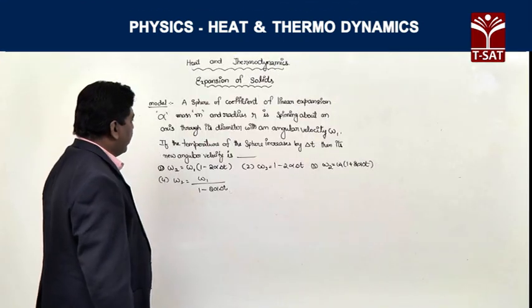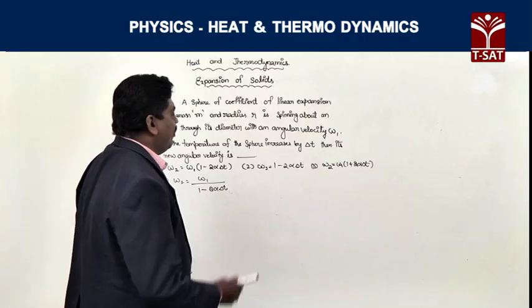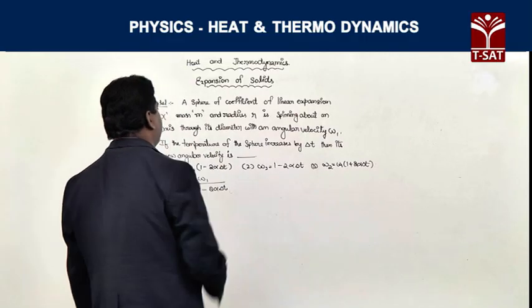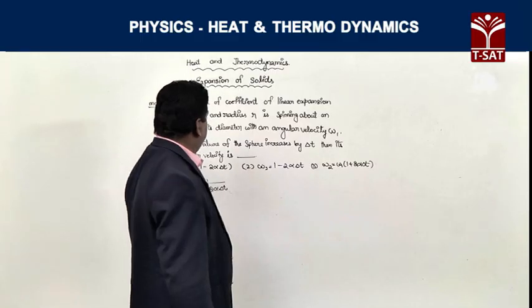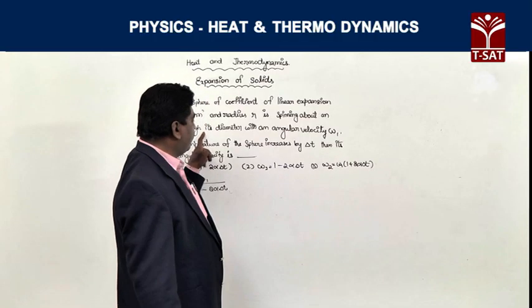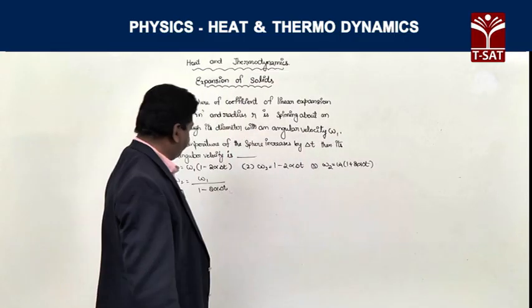Let us try another model now. A sphere of coefficient of linear expansion alpha with mass m and radius r is spinning about an axis through its diameter with an angular velocity omega 1.